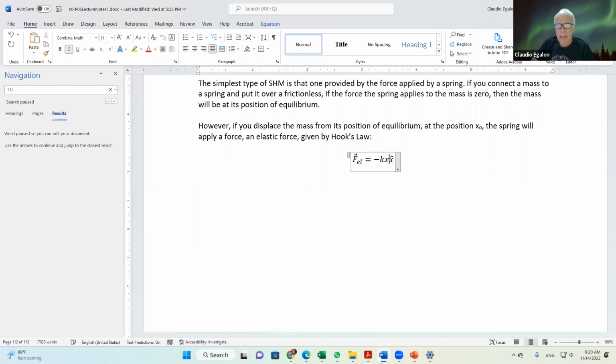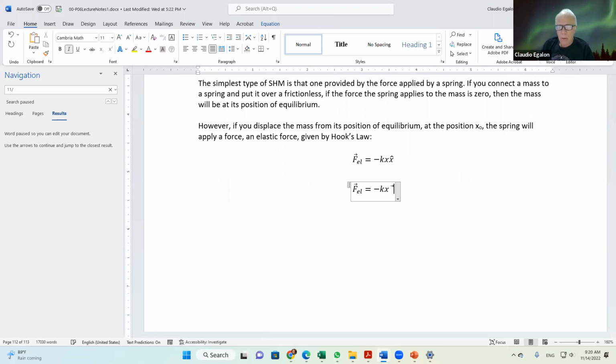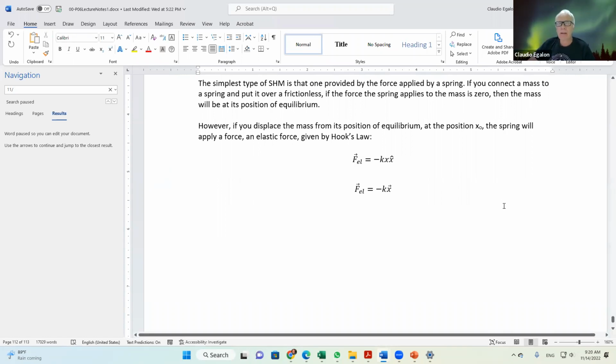Note that we have this negative sign. This is a vectorial formula. Another way of writing this equation is by considering the x naught to be not a scalar, but a vector. That's another way to write the same equation.